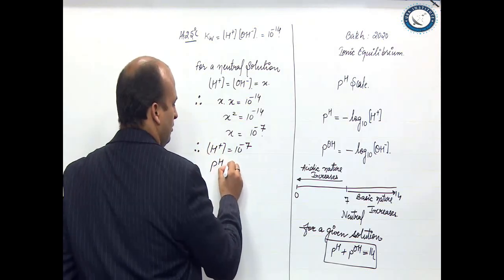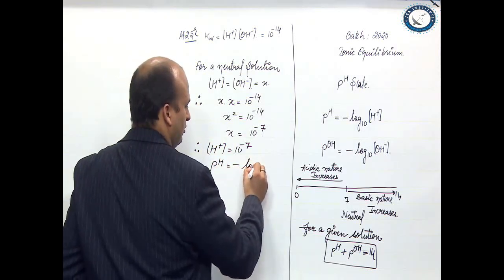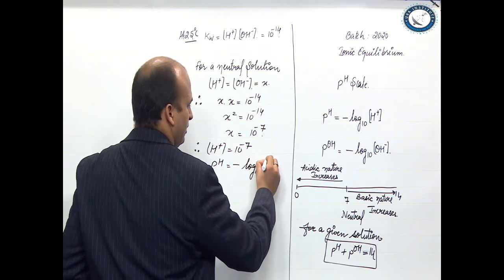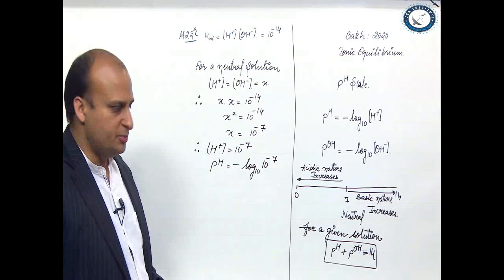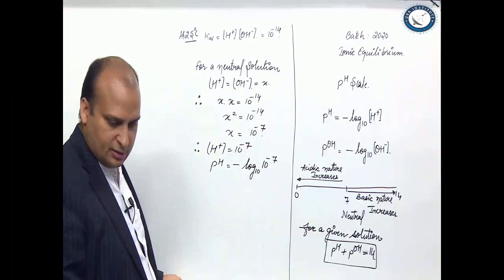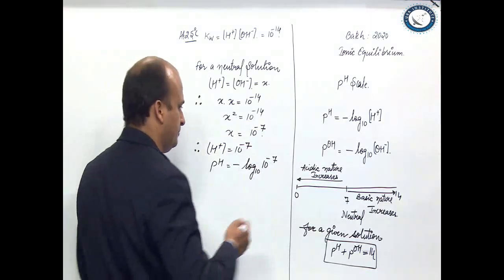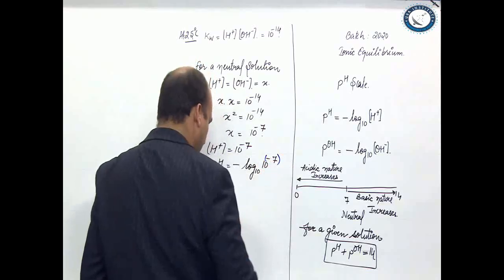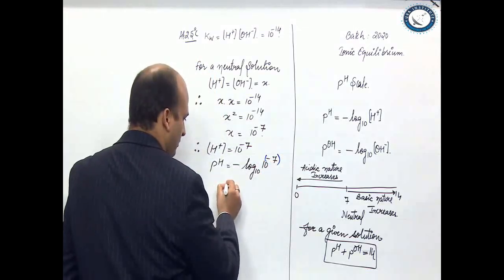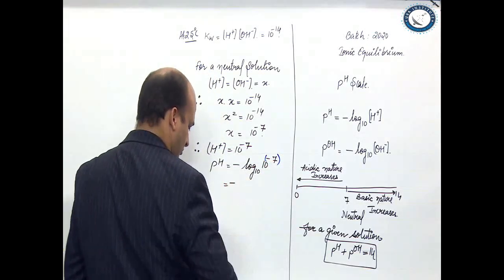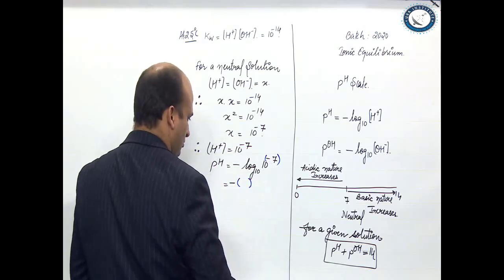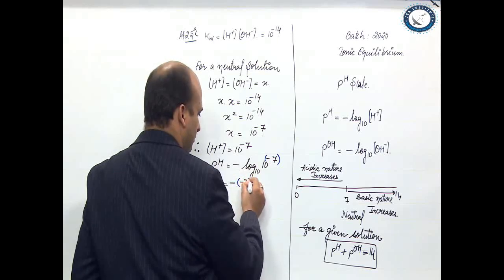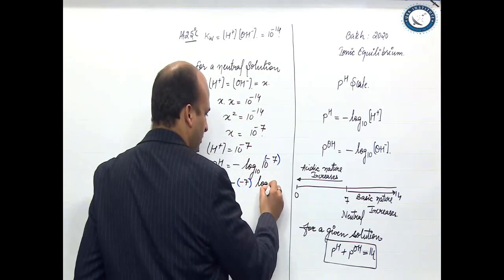Therefore, pH is equal to minus log to the base 10 of 10 raised to power minus 7. I have already taught you this part, that this particular thing can be written like this: minus of minus 7 log to the base 10 of 10.